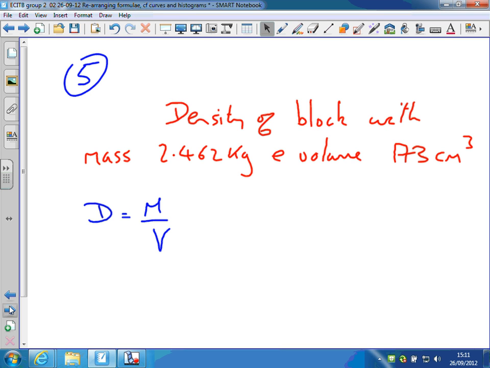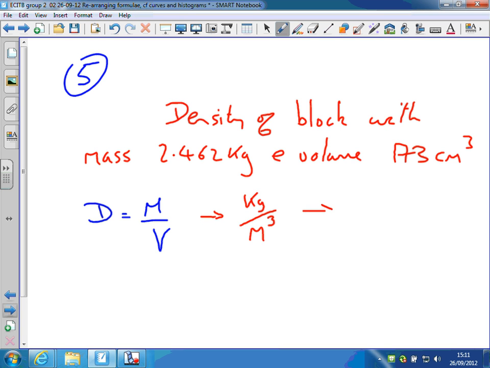The next thing you need to realize about this is the units that the density is measured in. If you know the formula, you automatically know the units, because I measure mass in kilograms and I measure volume in cubic meters. So the density is measured in kilograms per cubic meter.